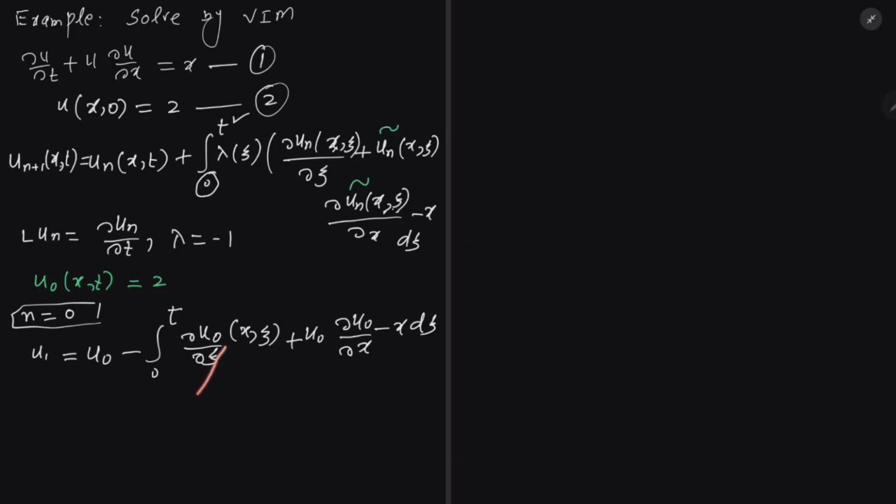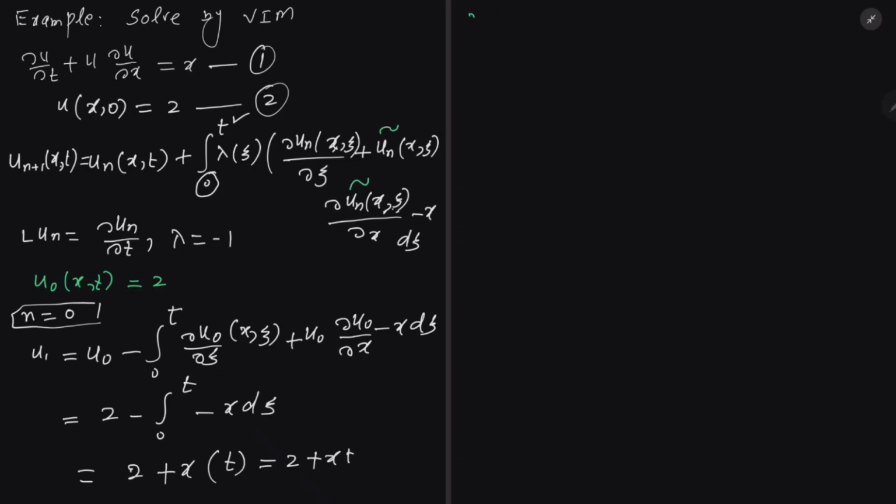When you put u0 is equal to 2, this is 0, this is 0, and we get 2 minus the integral from 0 to t of minus x dxi. So we get 2 plus x, since x is a constant, we are integrating this with respect to xi, we get t, so that is 2 plus xt.